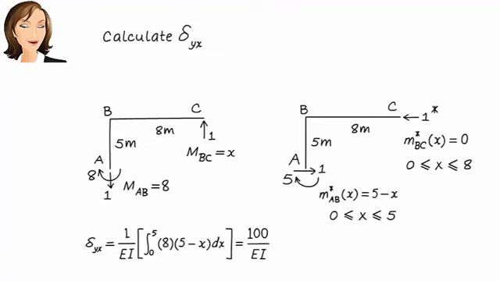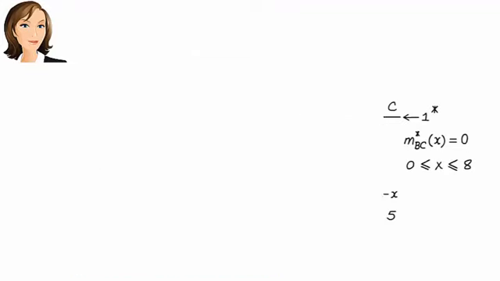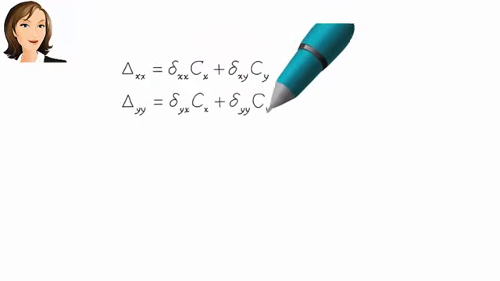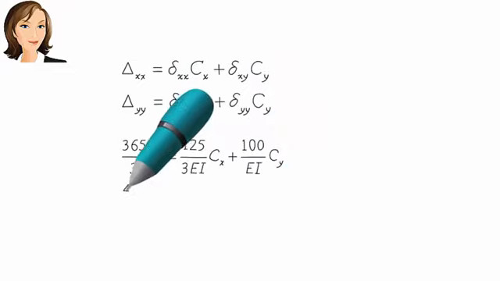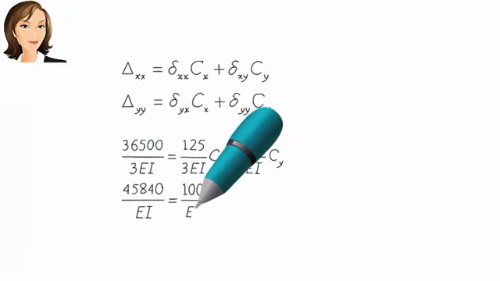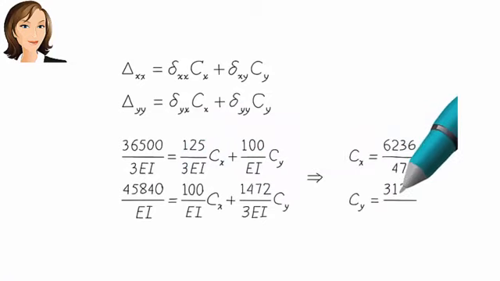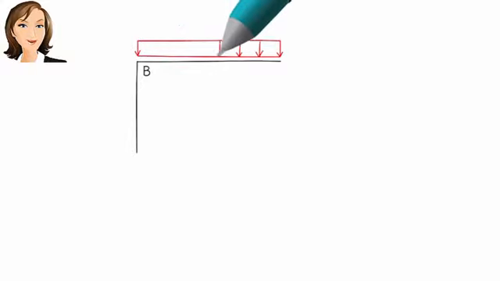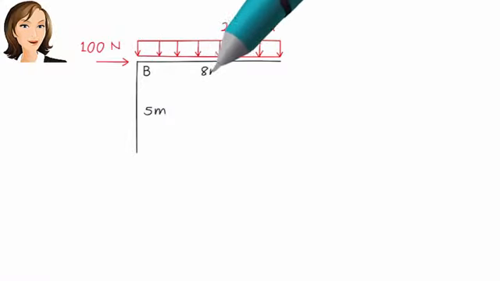Not surprisingly, delta yx equals delta xy. Now we can write our compatibility equations and solve them for the redundant forces. The remaining unknown reaction forces, there are 3 of them, can now be calculated easily using the equilibrium equations.